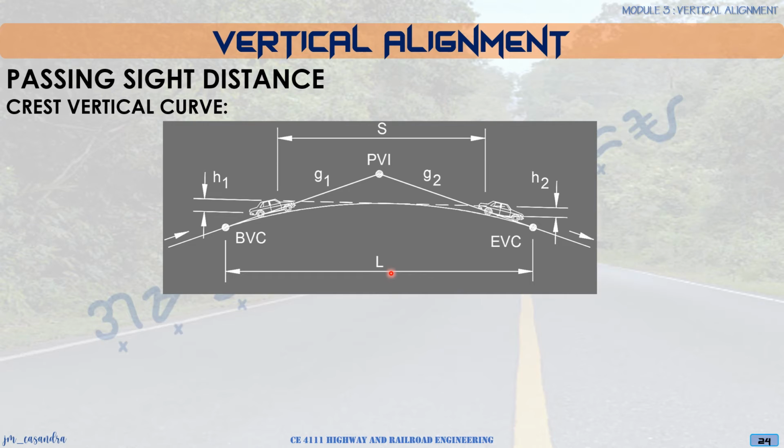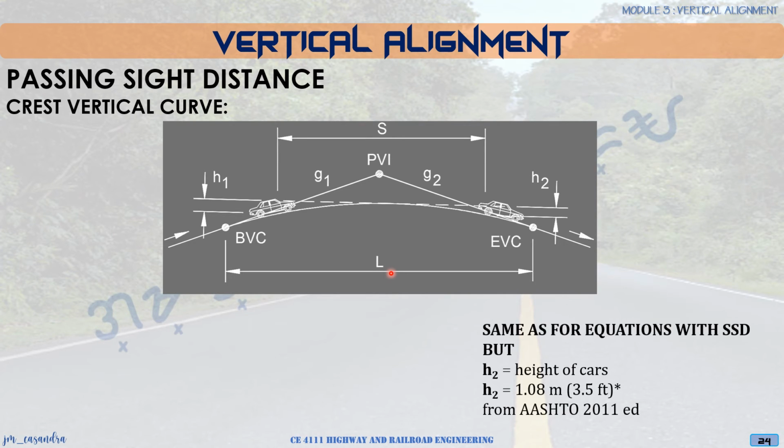So for the crest vertical curves, our approach would be likely the same as for stopping sight distance. The only difference is that we'll have H2, which is now equal to 1.08 as well. So we have the same height for H1 and H2.